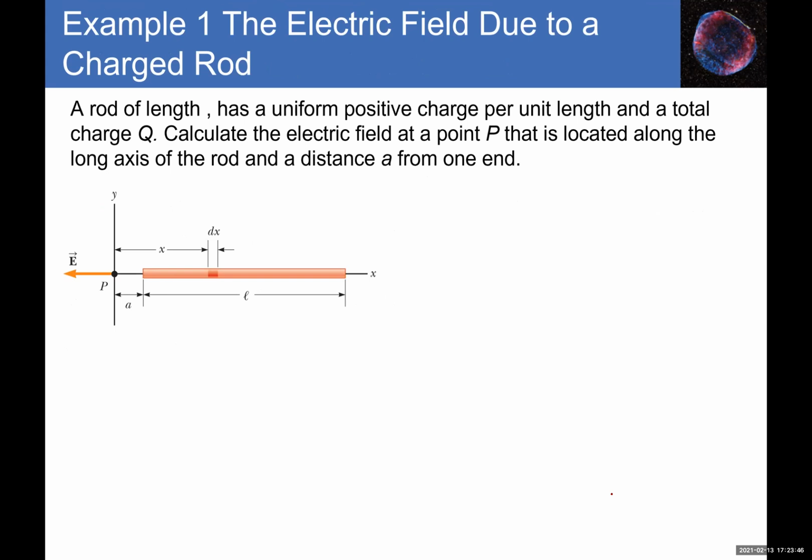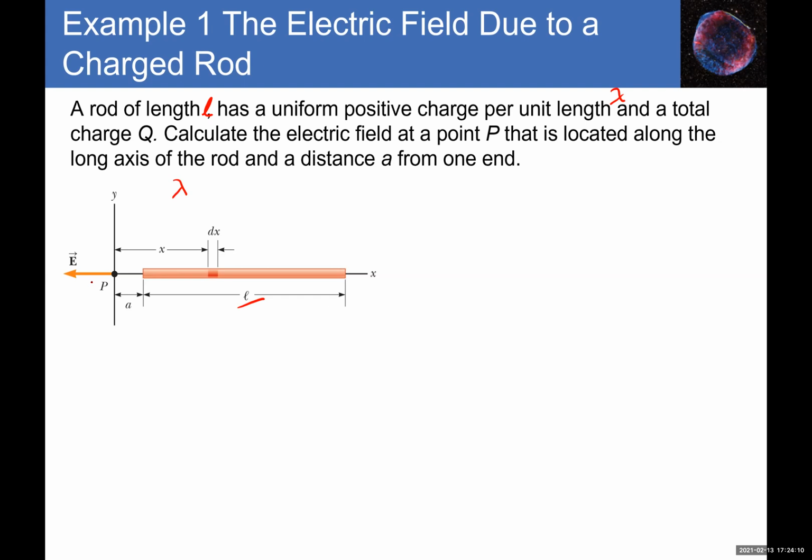A rod of length L has a uniform positive charge per unit length, which is our lambda, and the total charge Q. That means we're given a rod that has a length L, and it has a linear charge distribution of lambda.